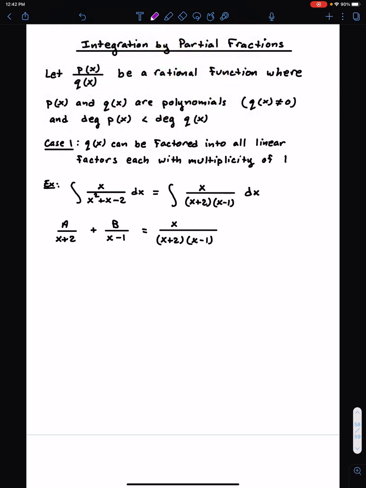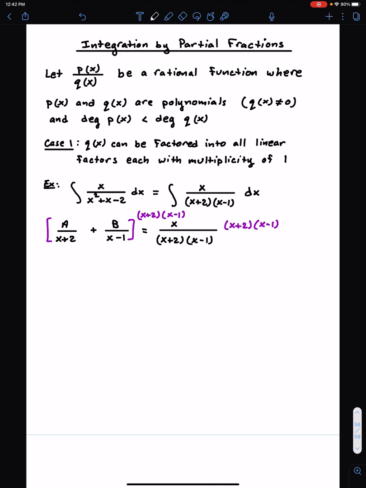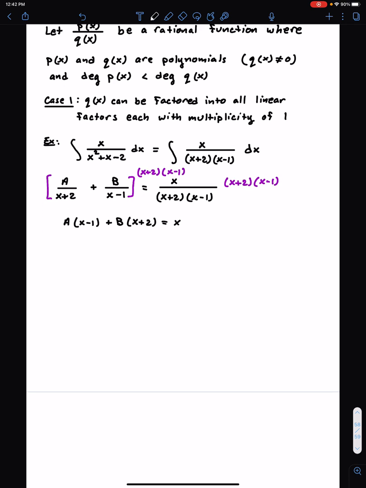I'm going to multiply both sides of this equation by the LCD, which is x plus 2, x minus 1. Then I multiply the right side by x plus 2, x minus 1. So I'm left with a times x minus 1 plus b times x plus 2 is equal to x.